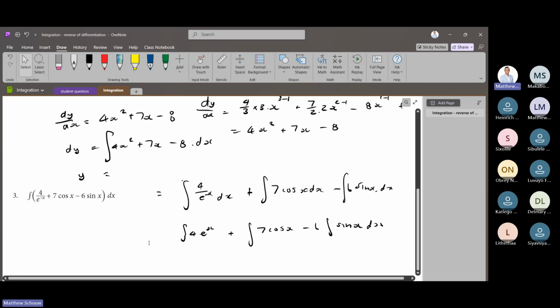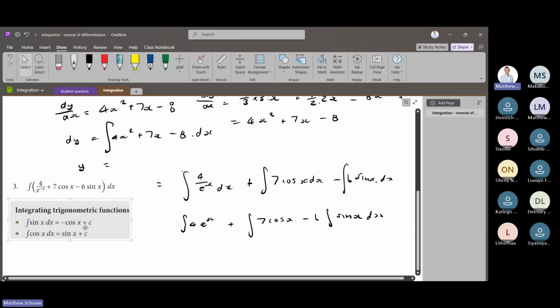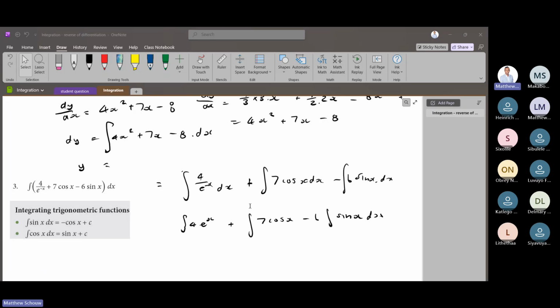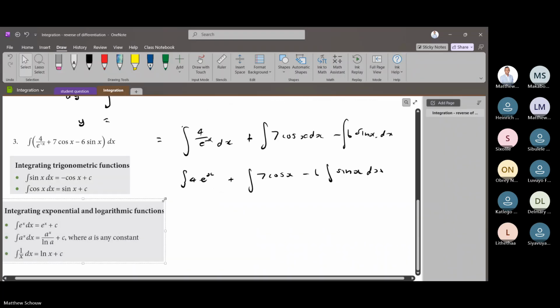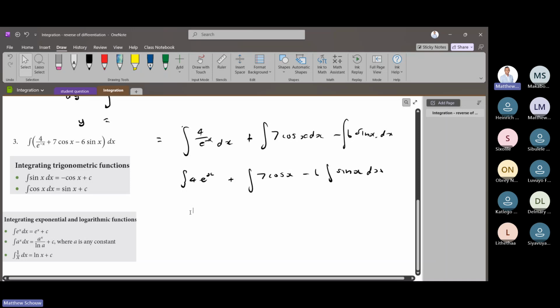This is the first one. Those are your sine and cos ones, and of course your exponential function will look like this. I'll pull up the other three as well. I believe they are on your formula sheet. So if we integrate e to the power x, it should still be e to the power x.